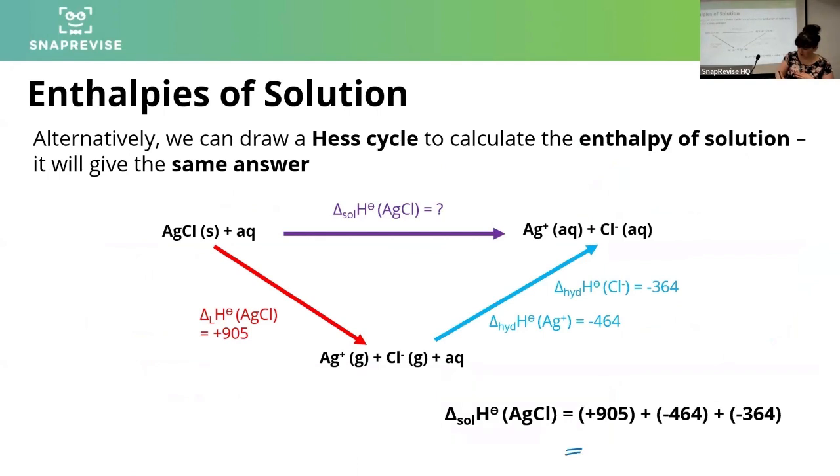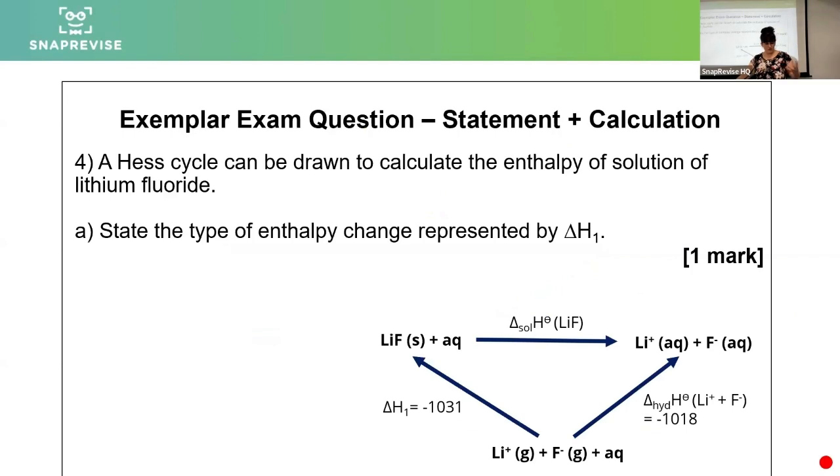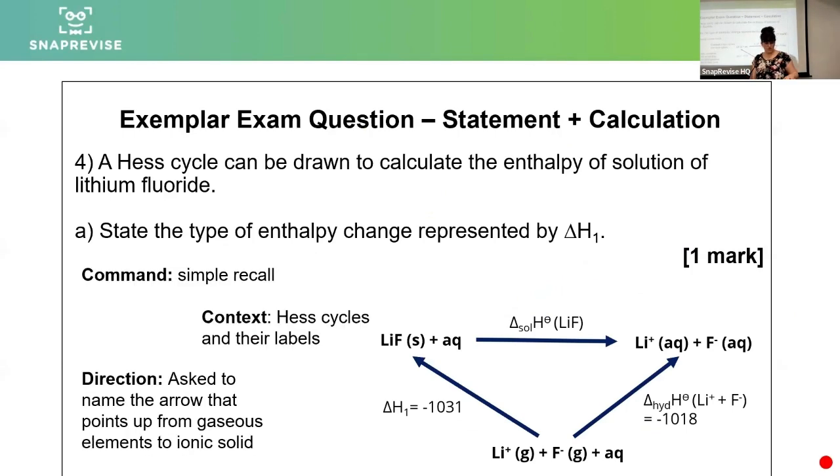No matter which method you use, you should come up with the same answer because it's the same process, the same principle, using the same numbers. Just because you're using a different method to get the answer doesn't mean the process will have a different value. Feel free to double check those though, and there are a few exemplar exam questions that you can have a go at if you would like as well.